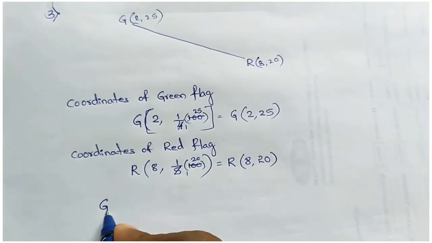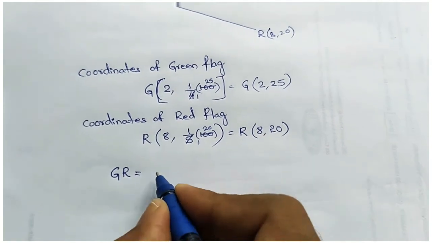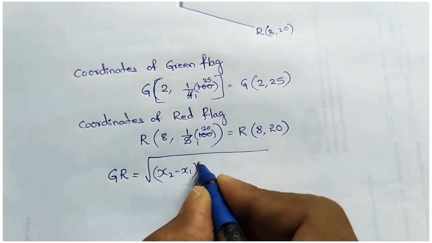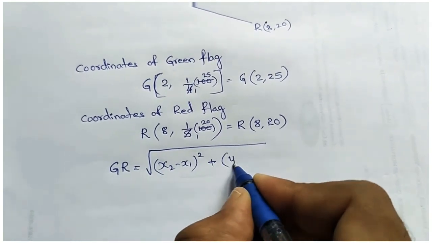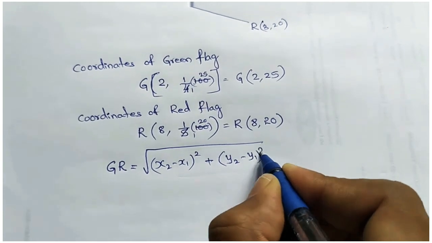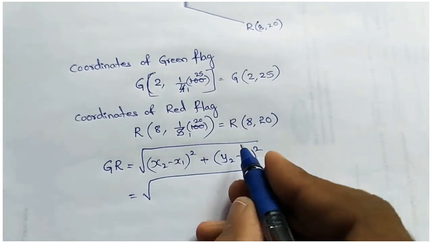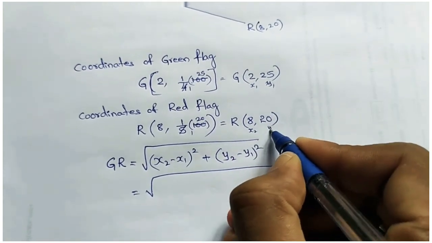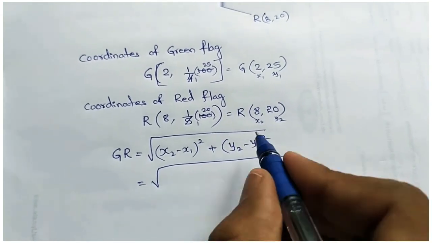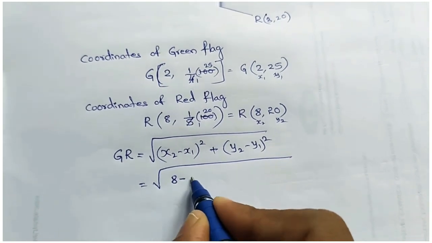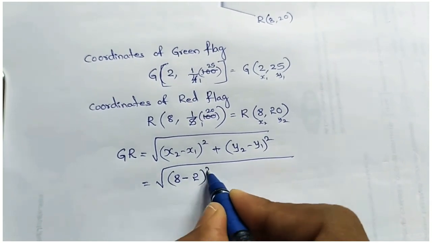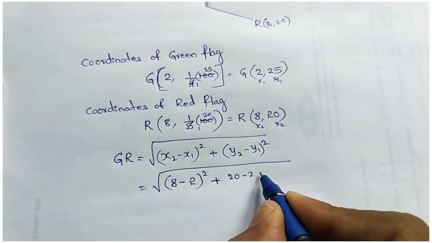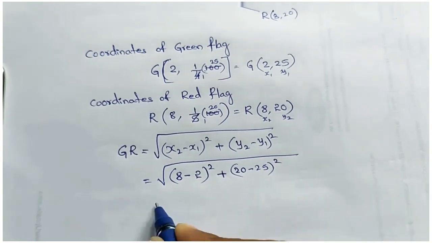We have to use the distance formula. So let's take ZR equal to square root of x2 minus x1 whole square plus y2 minus y1 whole square. Let's take these as x1, y1, x2, y2. So x2 is 8 minus 2 whole square plus y2 20 minus 25 whole square.